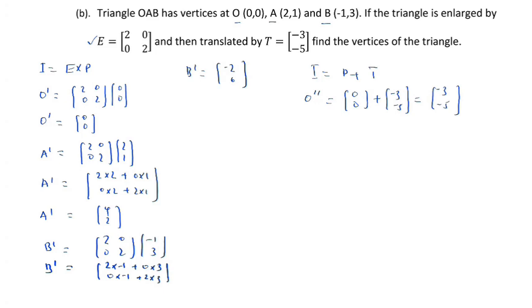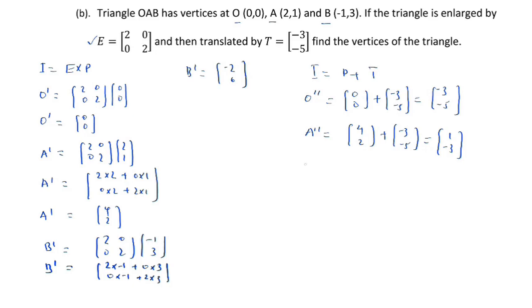Okay, so next is the image of A with points 4, 2. Our A double dash is going to be 4, 2 plus matrix -3, -5, which after solving gives matrix 1, -3. So our next point is the image of B with -2, 6.